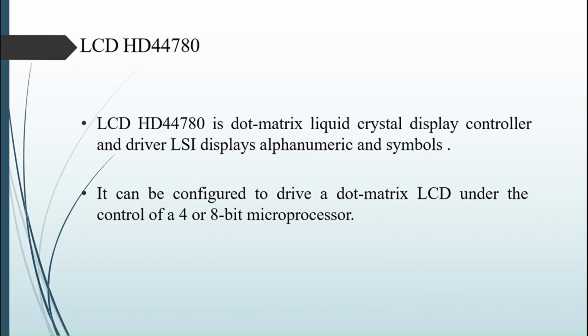Next is the LCD HD44780. It's a dot matrix liquid crystal display that is used in our project to display notifications such as on, off, etc. It can be configured to drive a dot matrix LCD under the control of a 4 or 8-bit microprocessor.